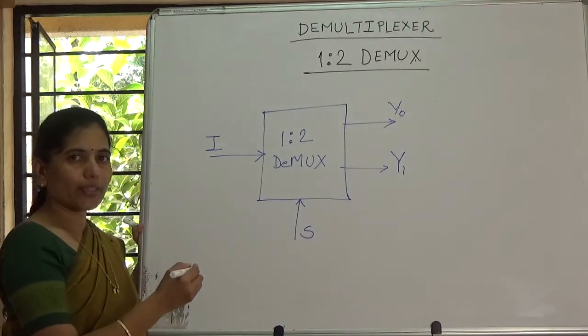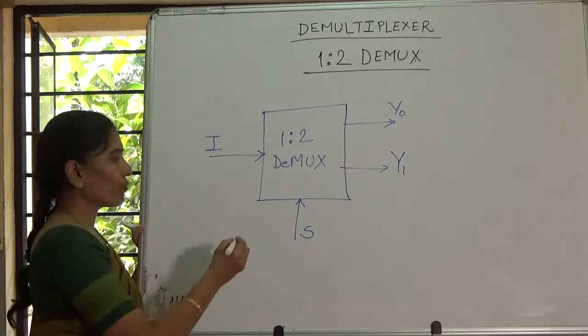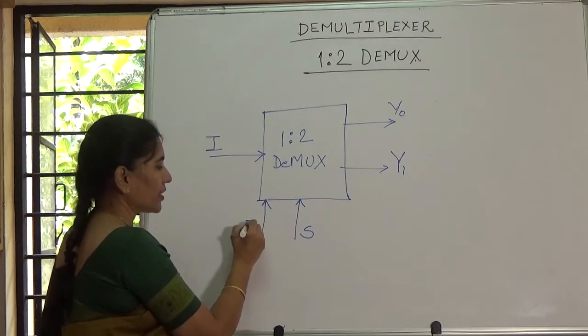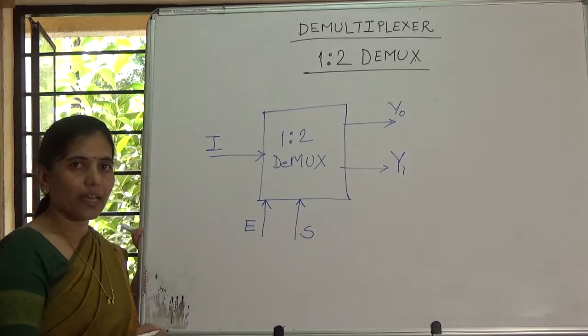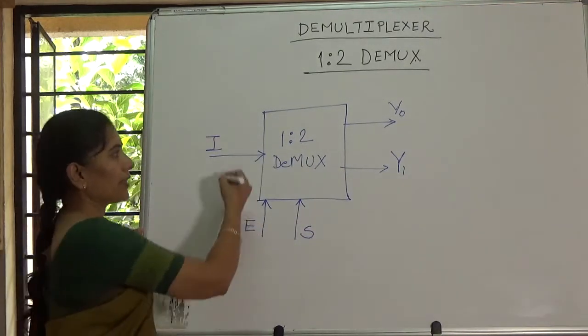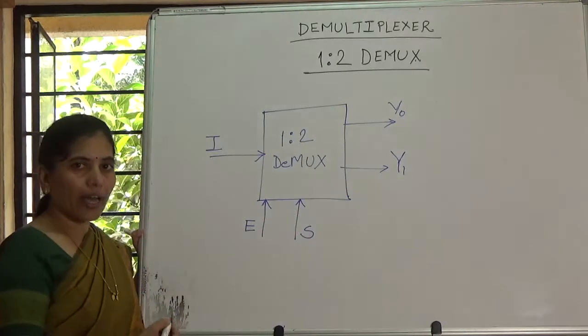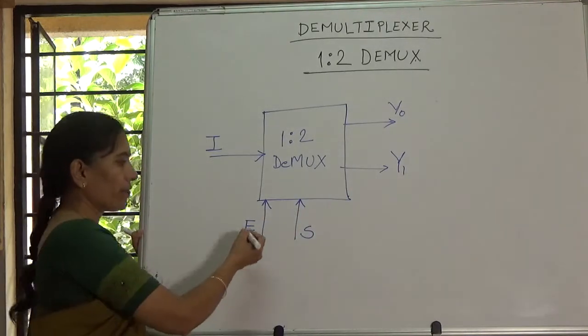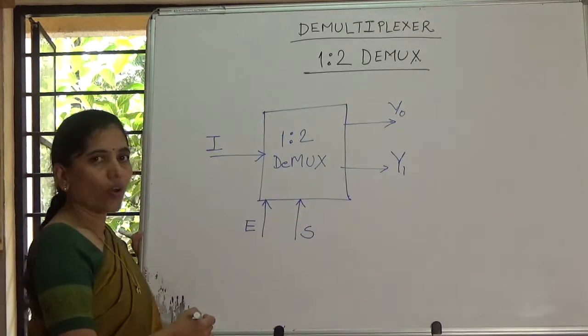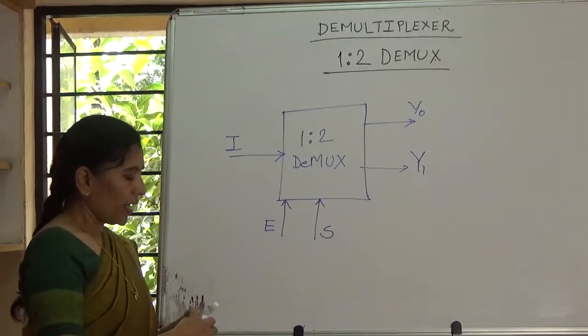We will also consider the additional input which is the enable input, and will treat this as an active high enable. So only if the enable is made high, then this block will work as a demultiplexer. If the enable is low, then it will not do its function of a demultiplexer.